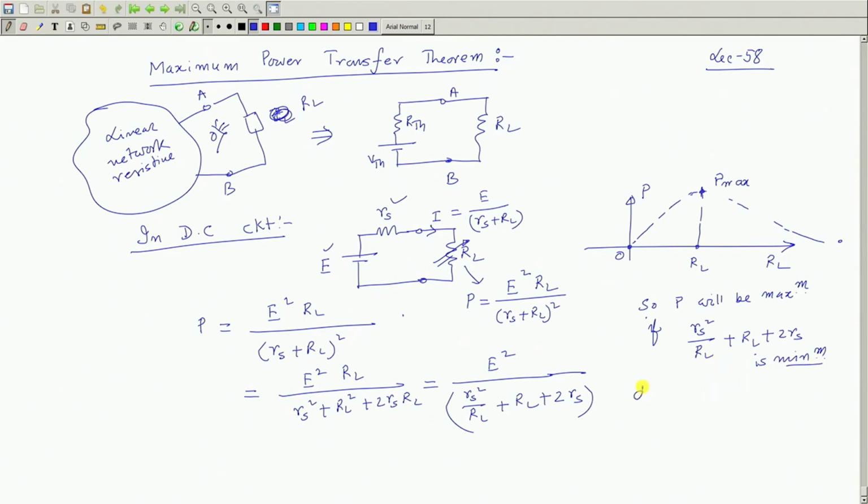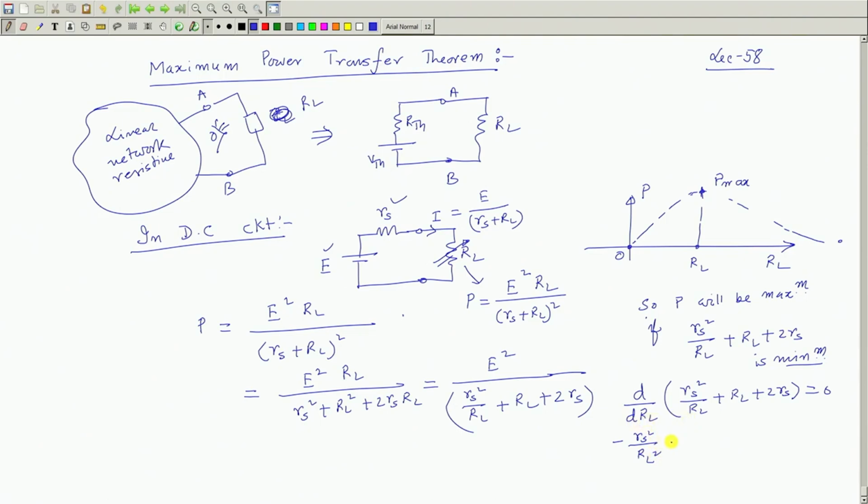That means dP/dR_L, I will set it equal to 0, and if you do it, it will be minus R_S square by R_L square with respect to R_L.